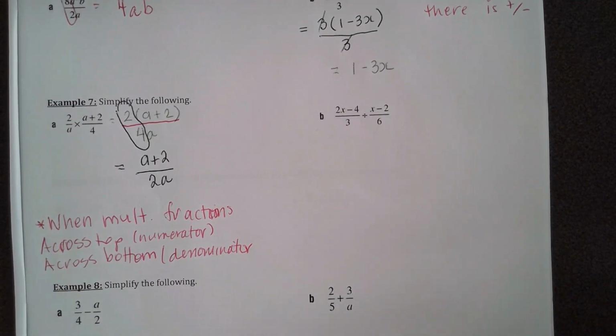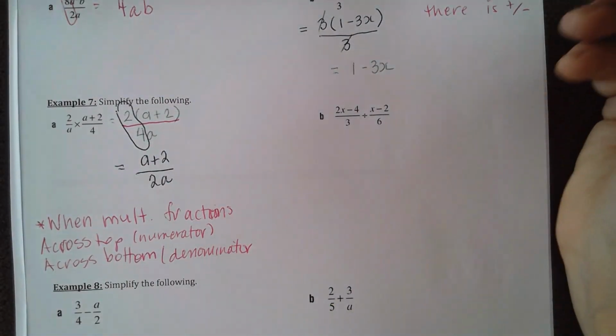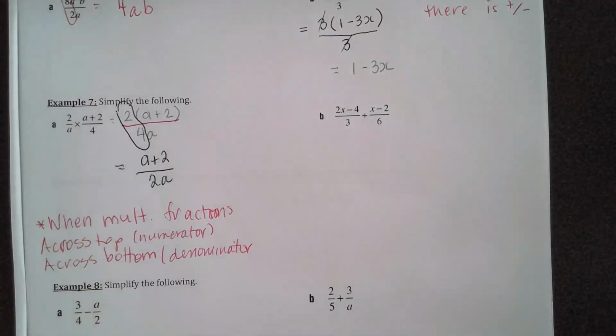Can you see why we're doing algebraic fractions extra? It's a bit tricky. Can you cross these A's out? Why not? Because of the plus sign. The plus and minus is a big beacon that says you're not allowed to cancel me out. It has to be times.